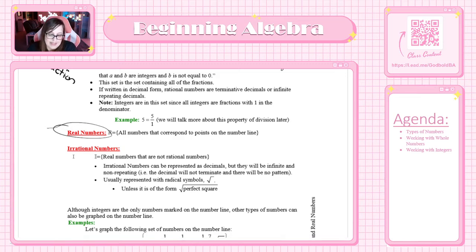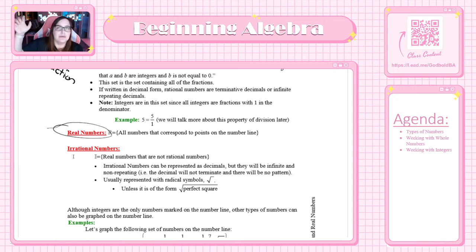It's a little hard to think about what those numbers are. The easiest way to think of them is they're the ones that when you put them in your calculator, you get a number that has a decimal, but there's no pattern to it. If you see a decimal and it stops or it has a pattern, that's going to be a rational number.